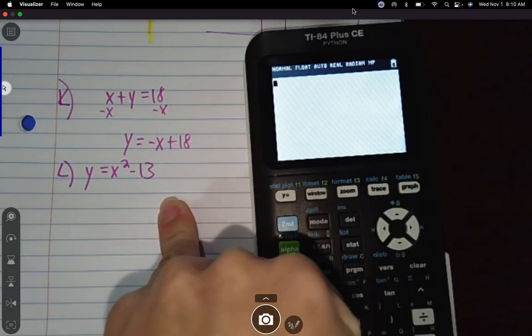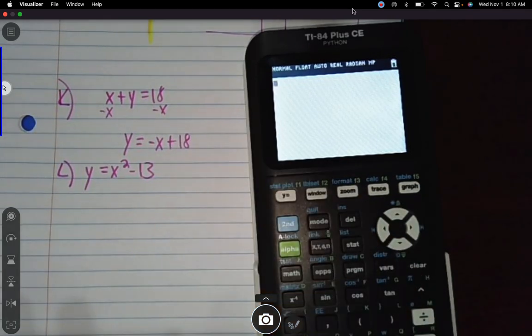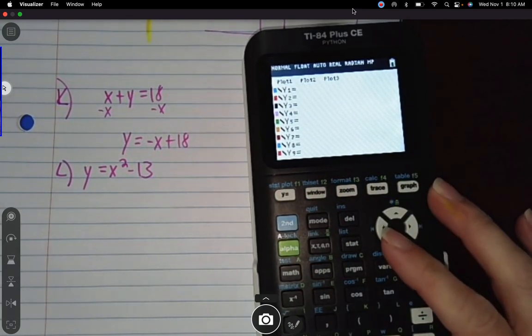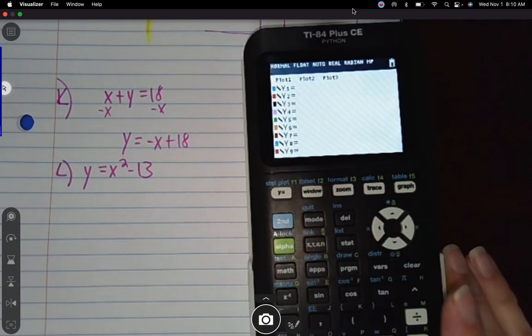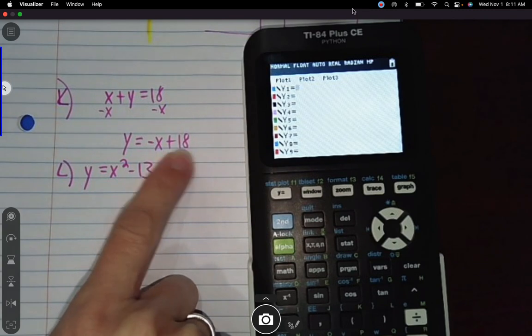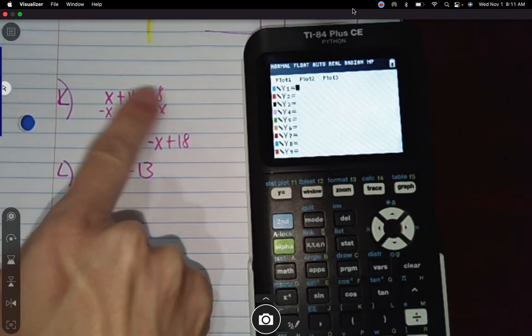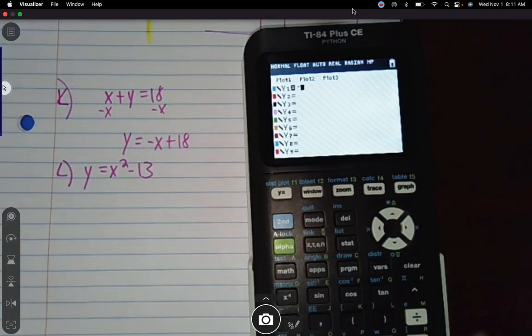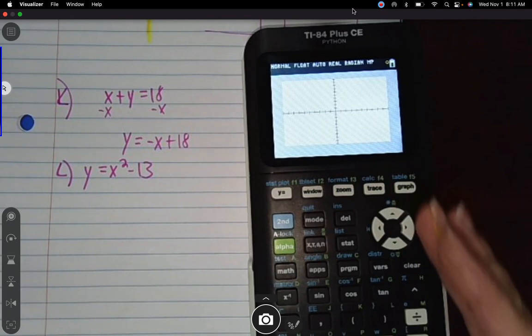So let's just do K together on my calculator, and then I'll let you finish this on Friday. I've got to turn that off. Hold on. What is y equal? Negative x plus 18. Just remember this is what I write. So I'm going to put negative x plus 18, and then I'm going to graph it.